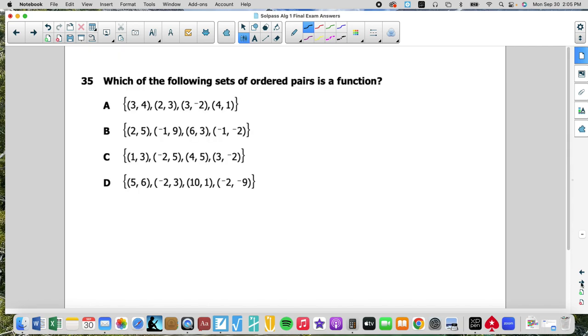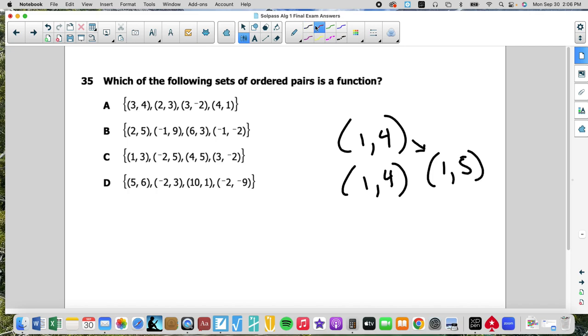Which of the following sets of ordered pairs is a function? So a function, for every x, you have only one y. So if I plug in 1 and get 4, if I plug in 1 later, I better expect to get 4. If I plug in 1 and get 4, and then later I plug in 1 and get 5, that's not a function. You have the same input with different outputs, not a function.